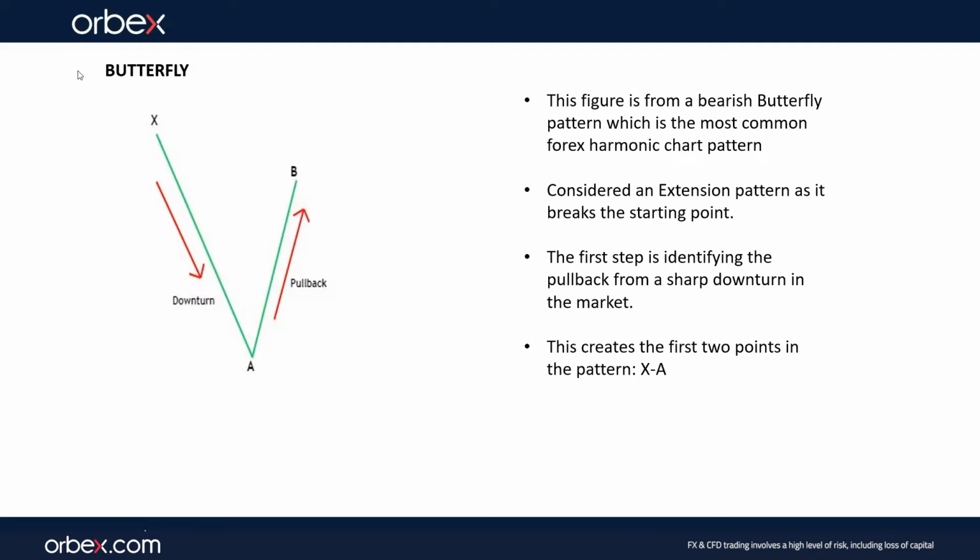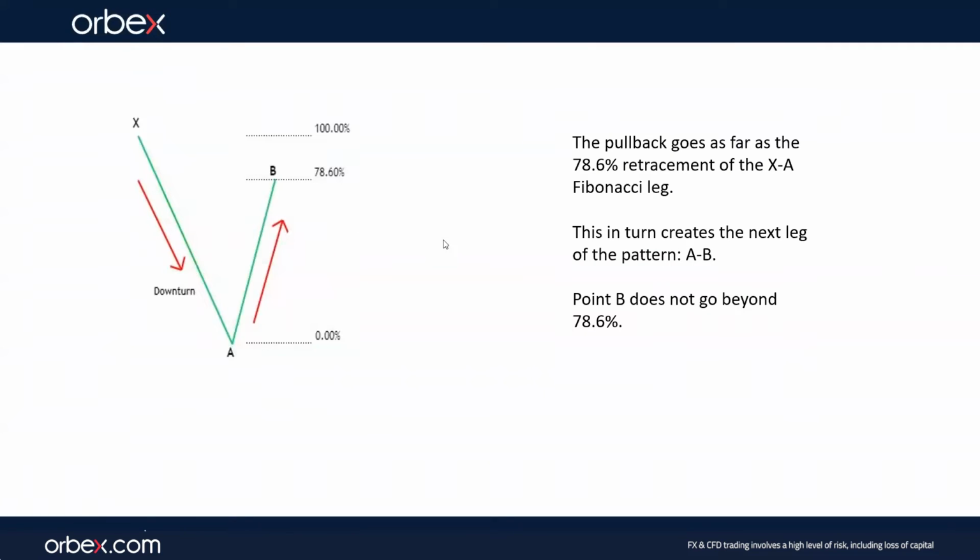Now, each pattern on the harmonic has different Fibonacci ratios. Some of them have similar, however, a lot of them are different. So this one for the butterfly actually goes up to 78.6. Now the Gartley pattern went to 61.8, if you remember, but now we can move higher to 78.6. Doesn't mean that it's going to push higher than that, but it can go a couple of pips, but usually to 78.6.